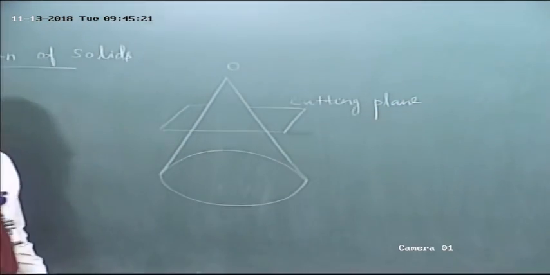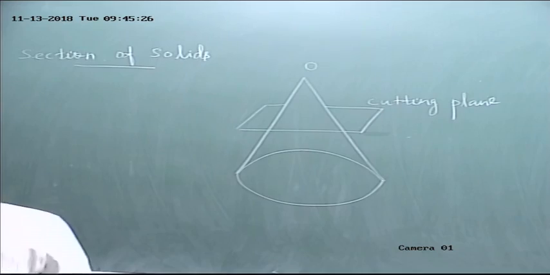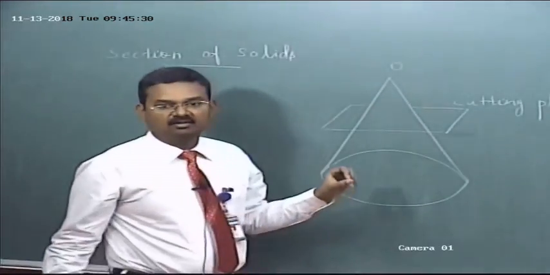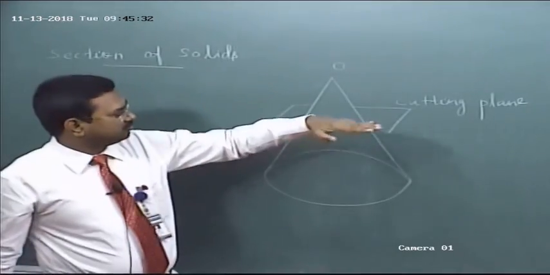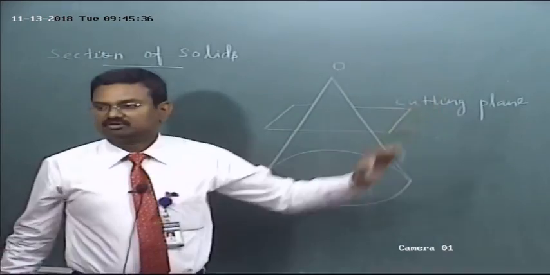Cutting plane or section plane. Imagine it's a cone. The cone is cut by a cutting plane. As a result of cutting, the portion between the cutting plane and the observer is assumed to be removed.